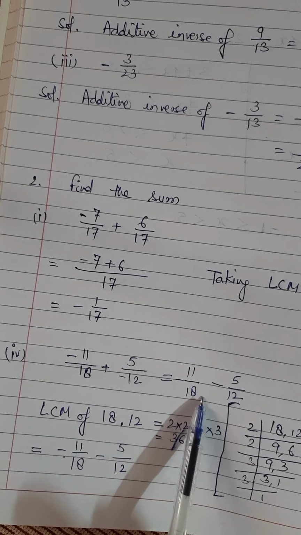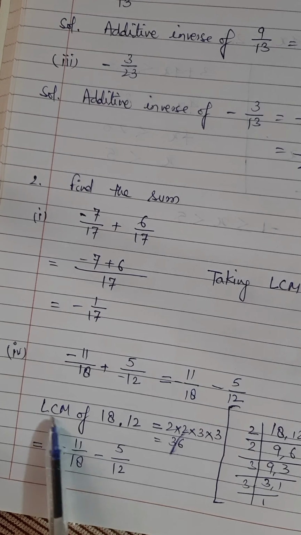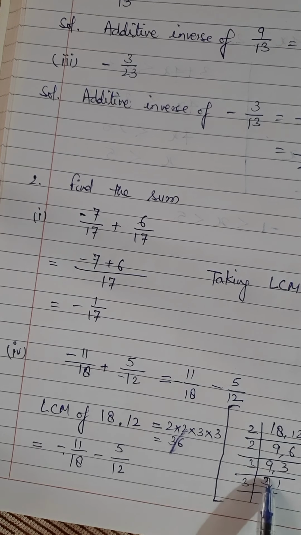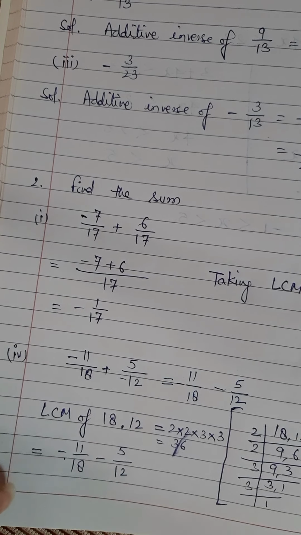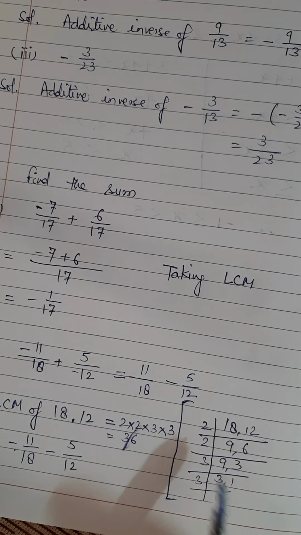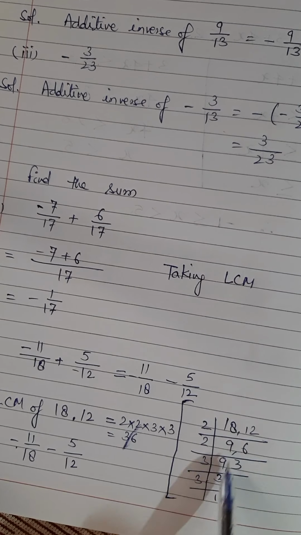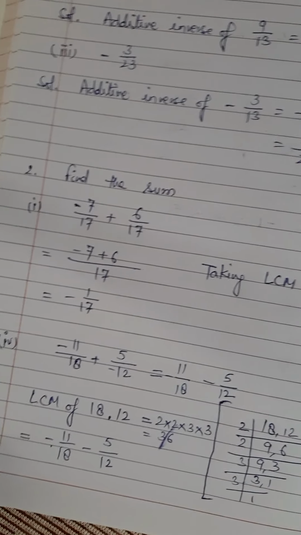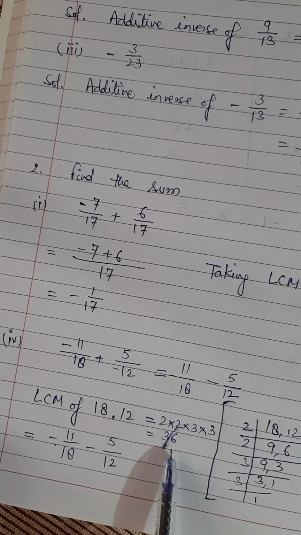Now the LCM of 18 and 12, here you can see that I have done this process of finding LCM. तो आपने भी इस तरह LCM फाइंड करके दिखाना है. So the LCM of 18 and 12 is 36.